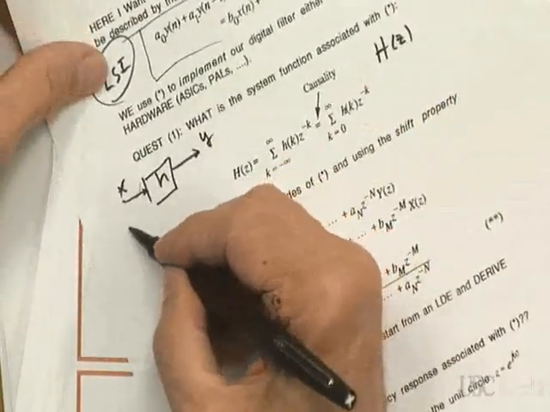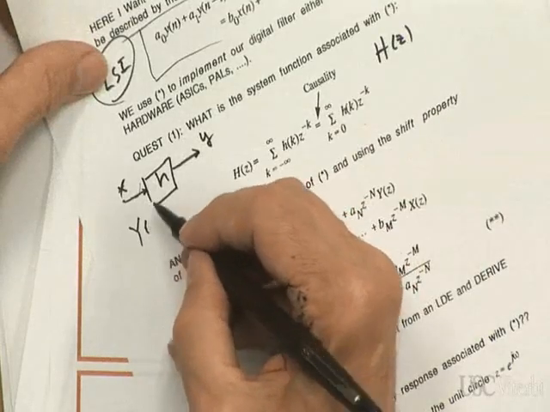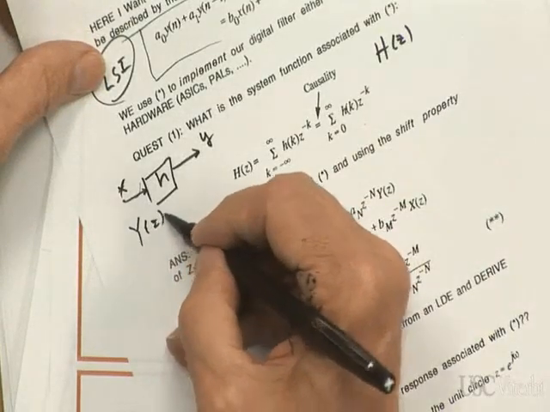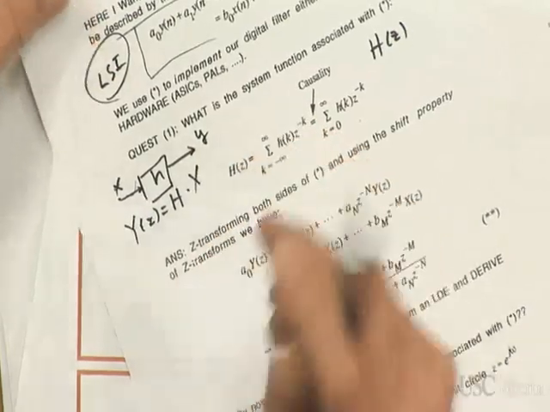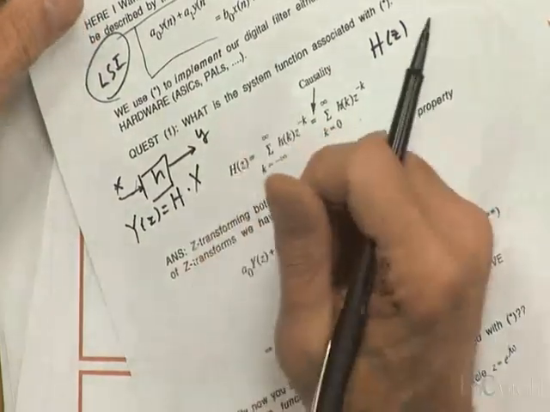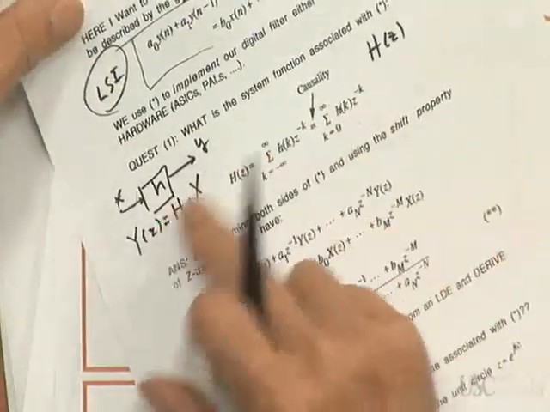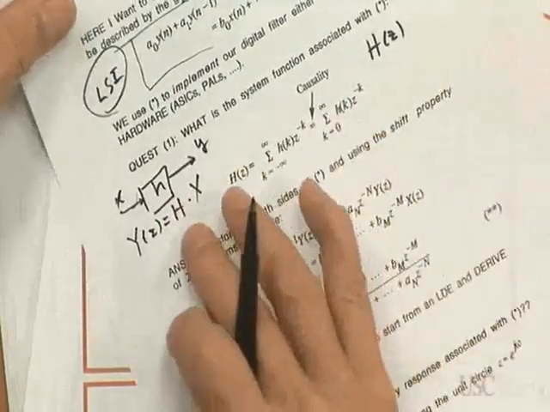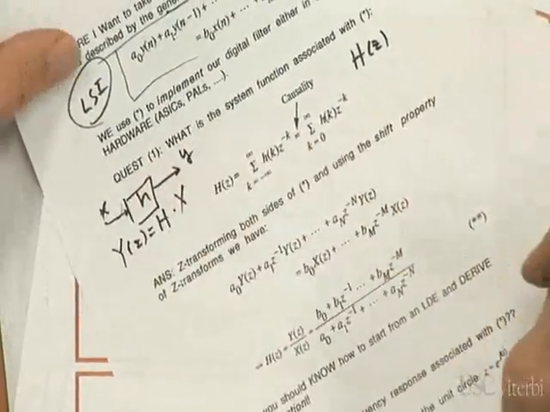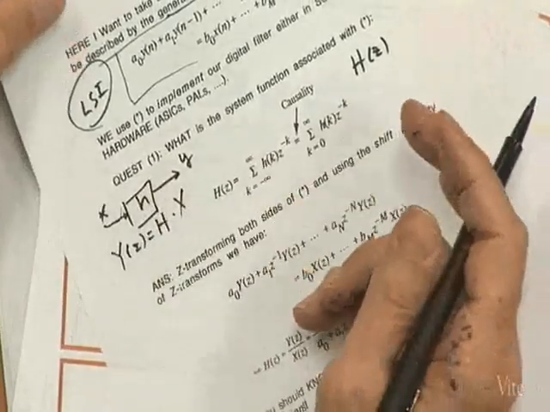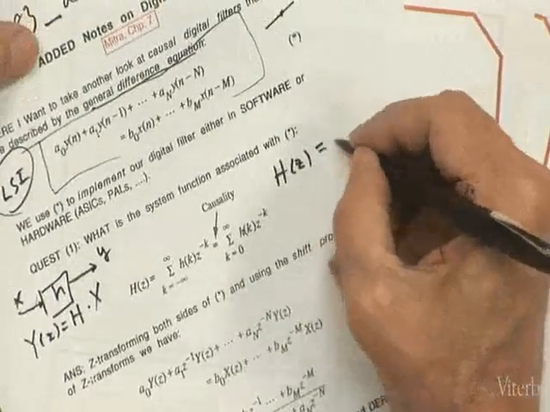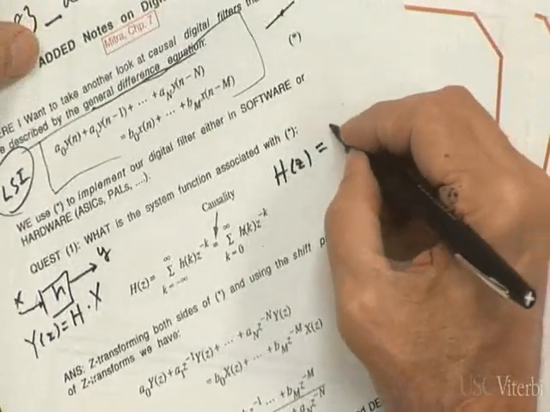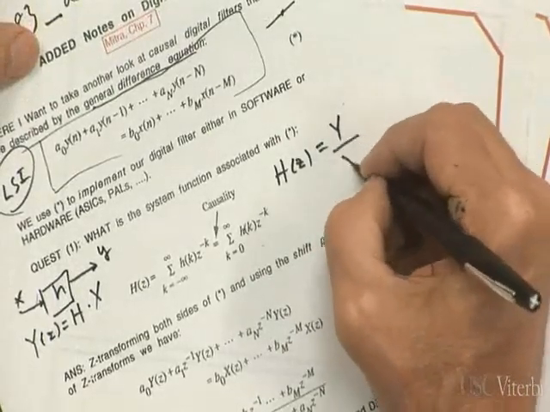Namely that Y of whatever it is, z or e to the j omega, is H times X. We did that actually for the DTFT, but the same property applies because this is a convolution operation. So Y is equal to H times X. What would that imply? Well, that would imply that H is equal to Y divided by X.